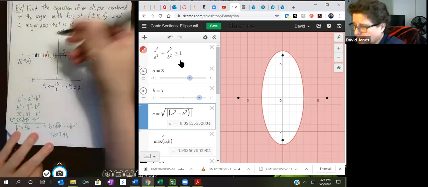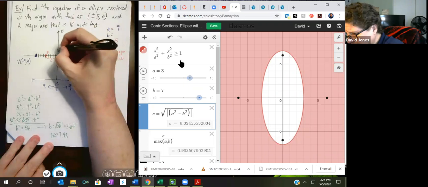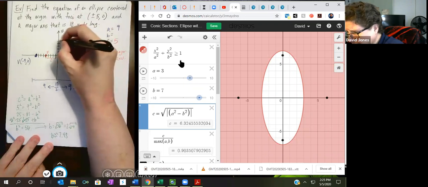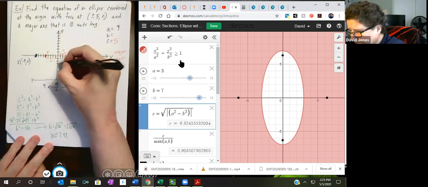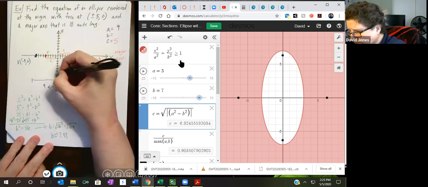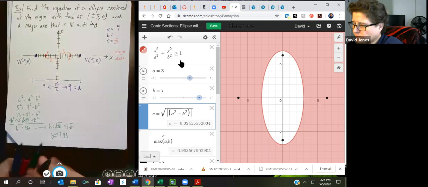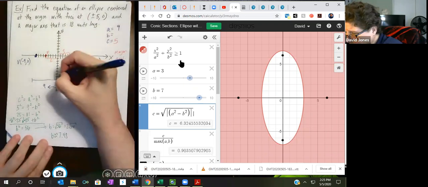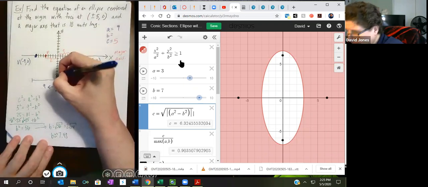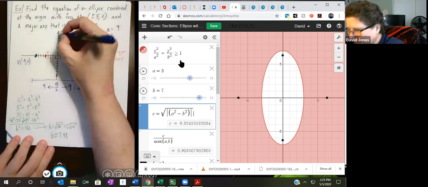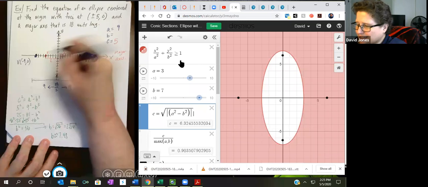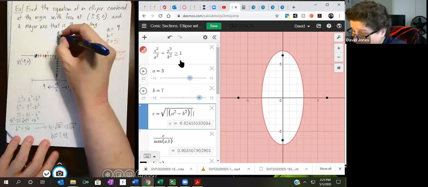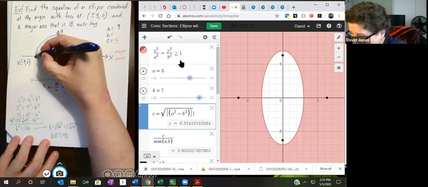If I want to draw it, the minor axis has 7.5 and 7.5. The major axis is 9 and 9. It's almost a circle.